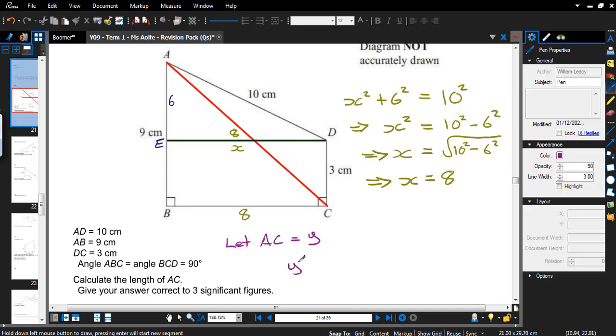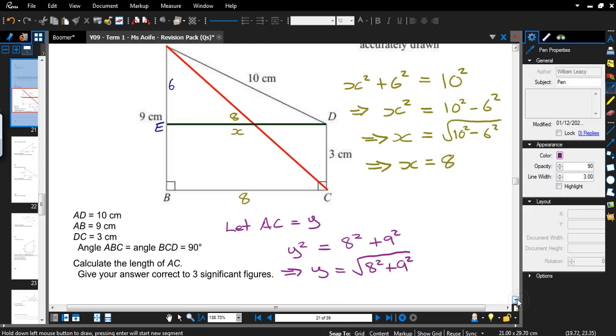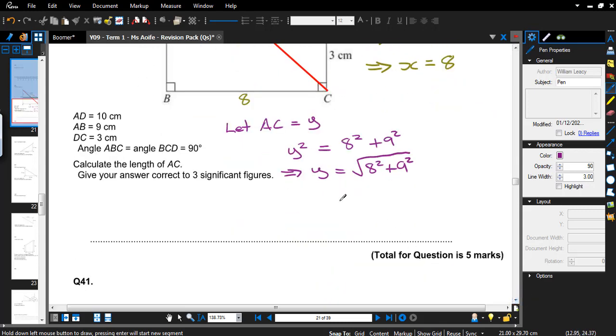So y squared equals 8 squared plus 9 squared. That implies y equals the square root of 8 squared plus 9 squared. 8 squared is 64, 9 squared is 81, so it's the square root of 145, which should be just a little bit higher than 12, because 12 squared is 144.